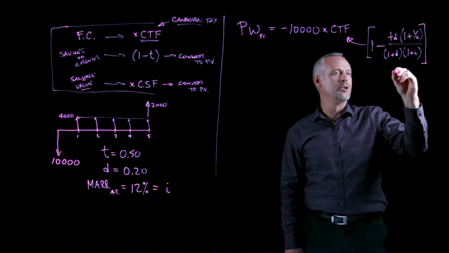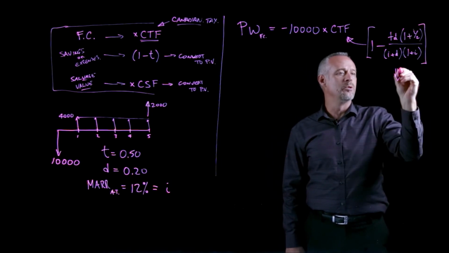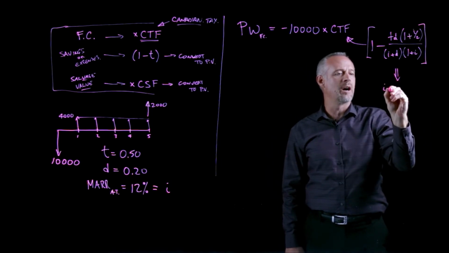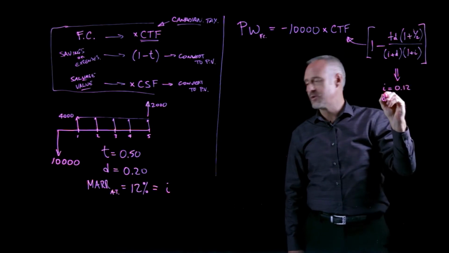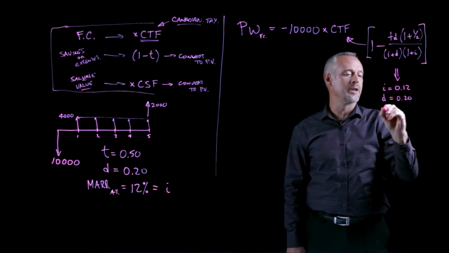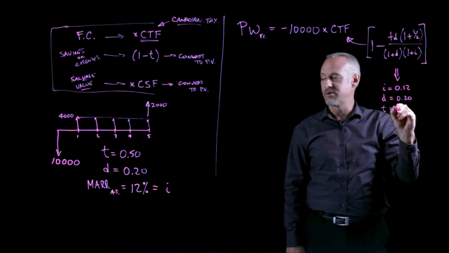And I would encourage you at this point to plug the numbers in. Here, I is equal to our 12%, depreciation was equal to 20%, and our tax was equal to 50%.